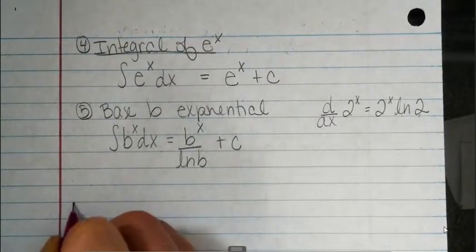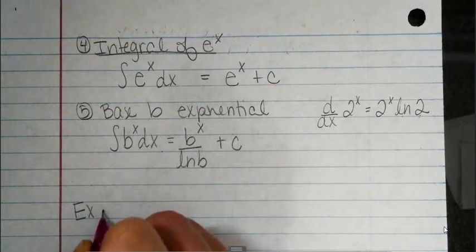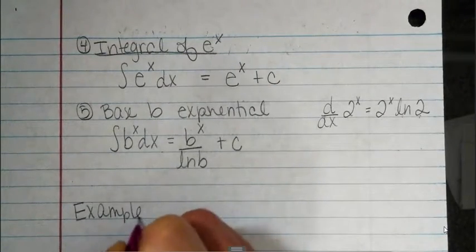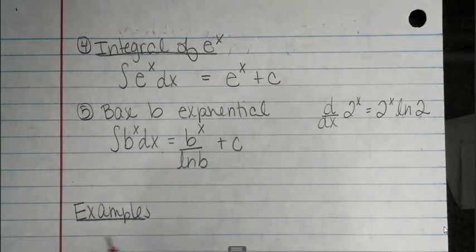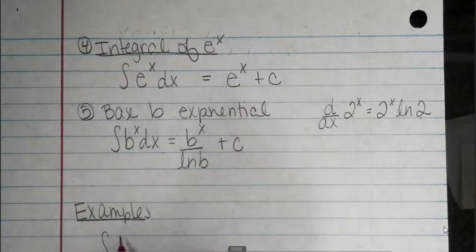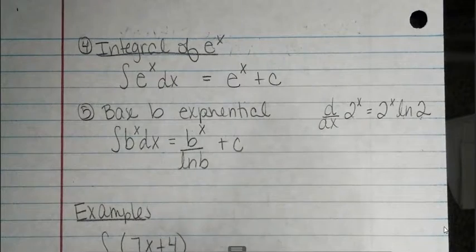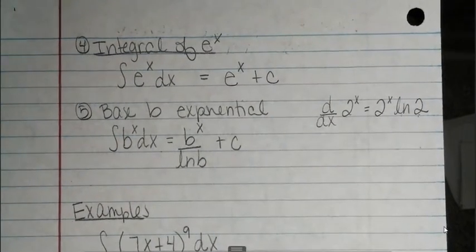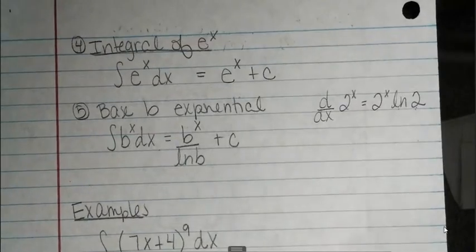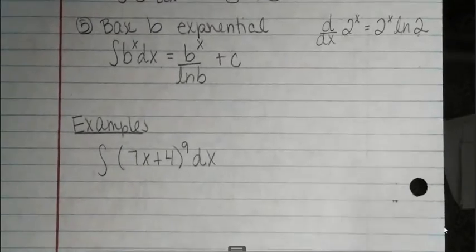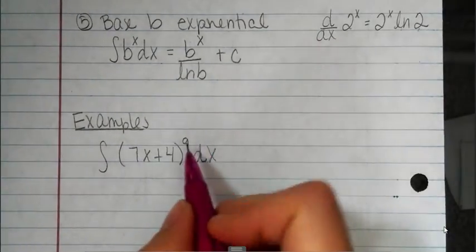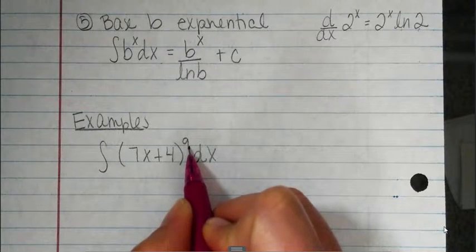Let's do a couple of examples. Let's start with the integral of the quantity 7x plus 4 raised to the 9th dx. Okay. So, first of all, this is a power rule, right?